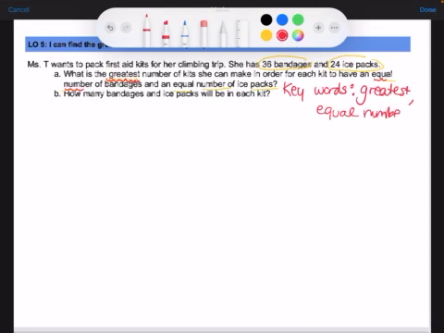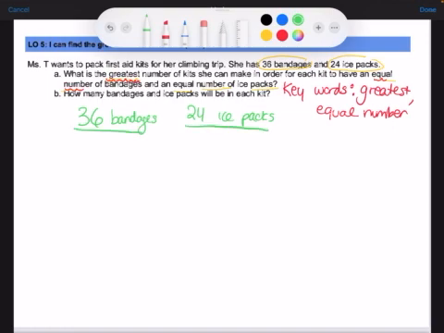And I also know that we're making groups. The idea that we're making groups is really useful whenever we're finding the GCF. We're going to find the GCF of two numbers, 36 and 24, but we're talking about 36 bandages and 24 ice packs.